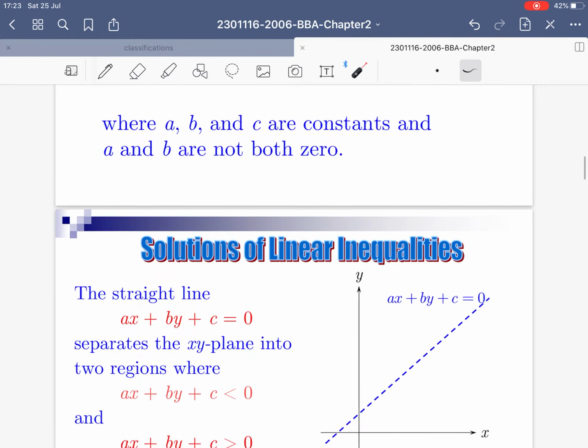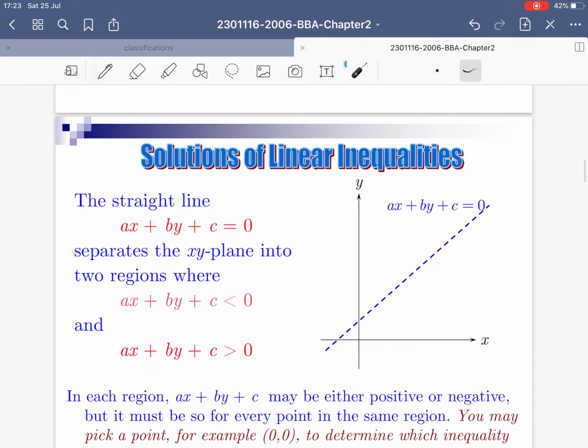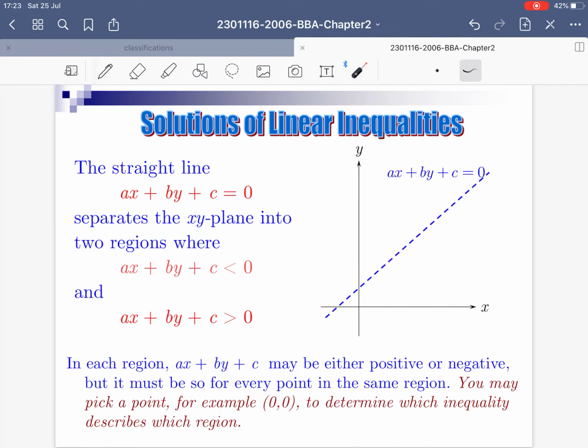Because a linear equation is represented by a straight line, and this straight line is easy to find. You can just find at least 2 points on the plane.